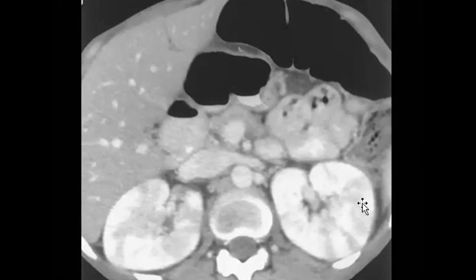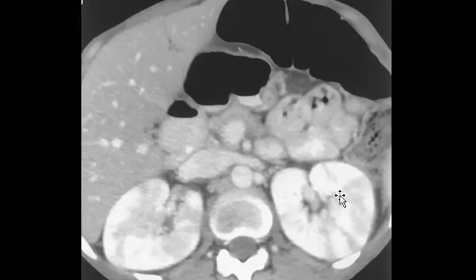It will be something called striated nephrogram. Yes, Rihan. Striated nephrogram. So this suggests acute pyelonephritis. You can see that there is maybe some diffuse enlargement. Sometimes it has a persistent nephrogram.